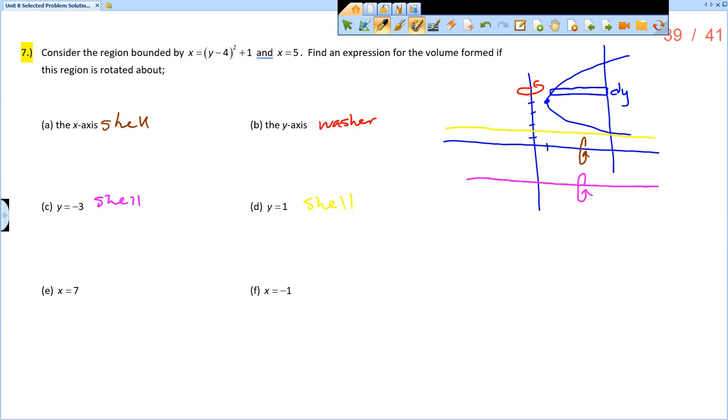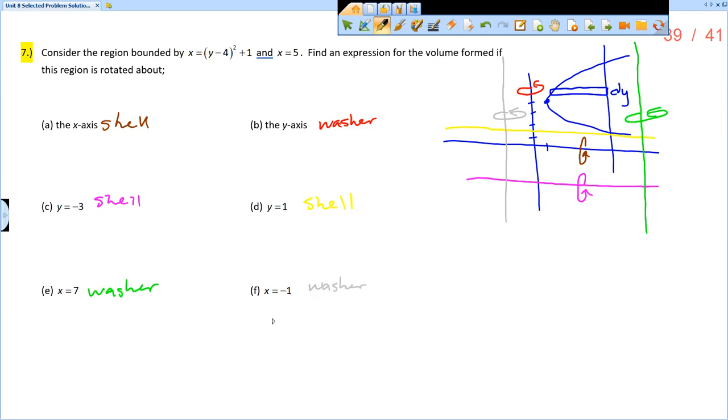And then what about x equals 7? x equals 7 is a vertical line over here, and so that is perpendicular to the dy, and so that is going to be the washer method. And then x equals -1, over here, is also perpendicular, so that is going to be the washer method.